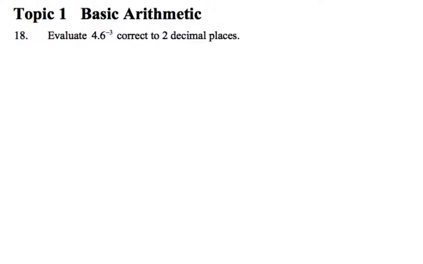Okay, and this one, we've got a negative indice there, but that will be quite okay. We want to evaluate that to 2 decimal places. We'll be typing in 4.6, and we'll look for the x to the power of something button that I just described, and that will allow us to type in -3.